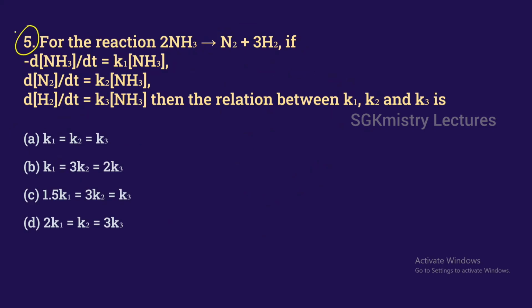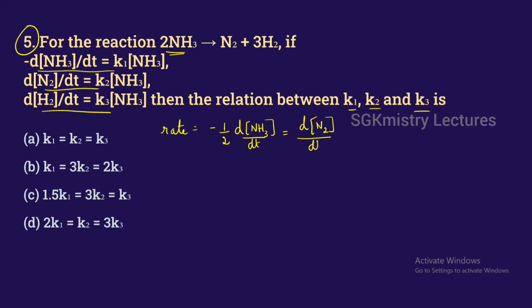Question number 5. For the reaction, 2NH3 gives N2 plus 3H2. They have given all these, and we need the relation between K1, K2 and K3. So now let us again write the equation for rate is equal to, so we have 2NH3, so minus half d of concentration of NH3 by dt is equal to, here we have N2, so d of N2 divided by dt.